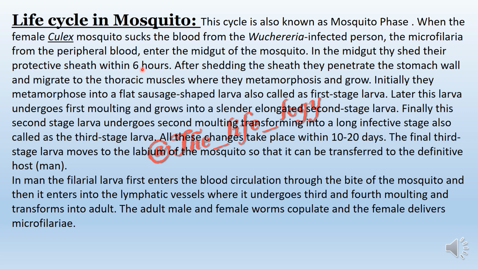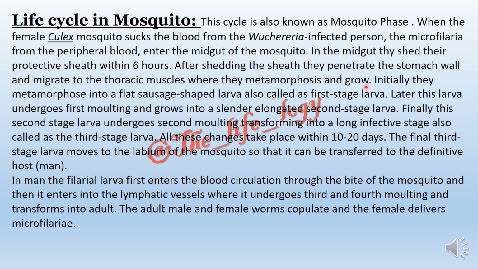After shedding their sheath, they penetrate the stomach wall and migrate to the thoracic muscles, where they metamorphose and grow.